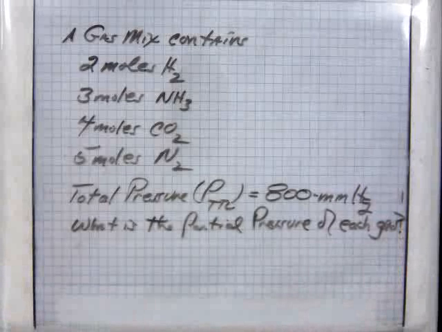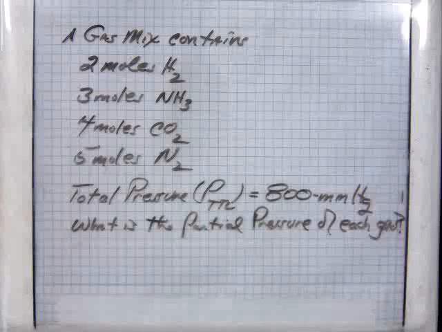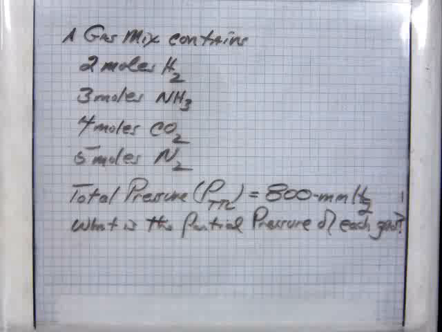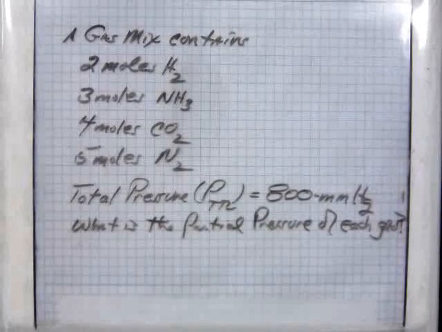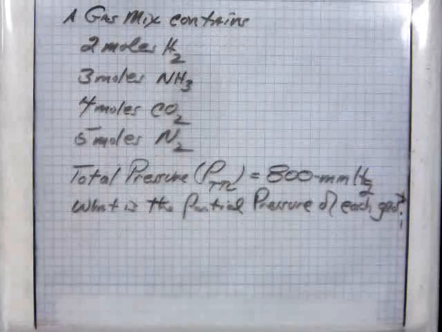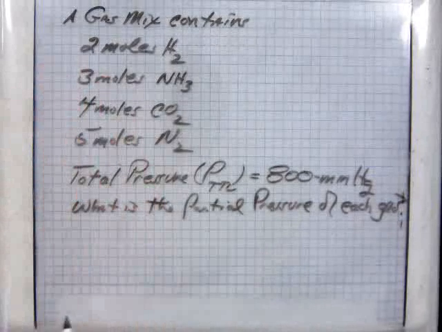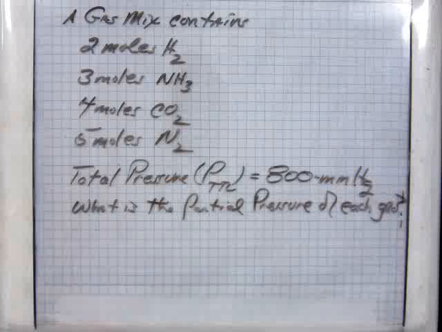Pretty straightforward once you see how it's put together. This problem will give you a good idea of what we're talking about relative to mole fractions. The first thing needed is the mole fraction of each component. The mole fraction is part over total.